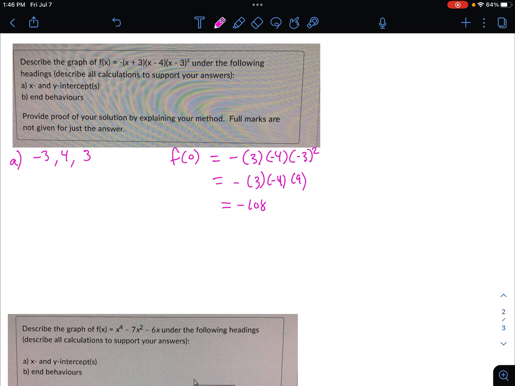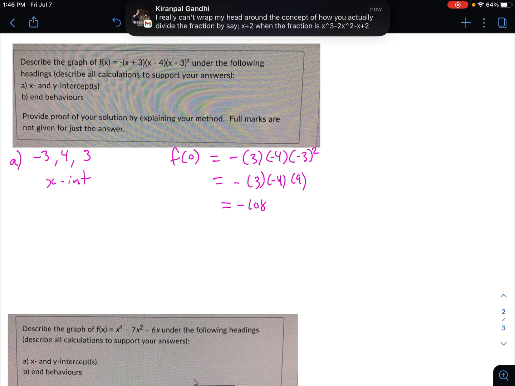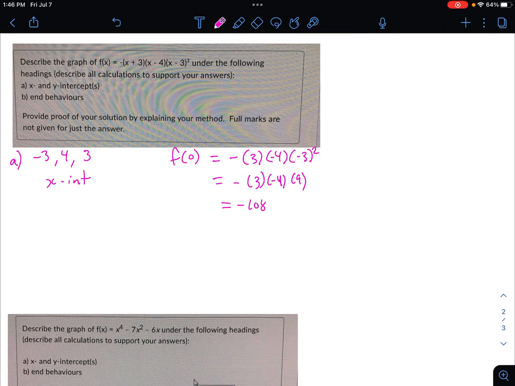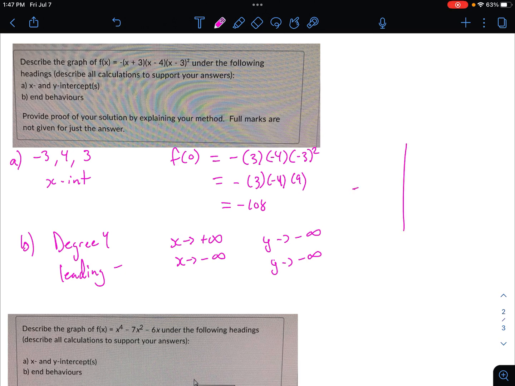And when you describe your end behavior, because this is degree 4 and its leading coefficient is negative, you know that as x approaches positive infinity and as x approaches negative infinity, they're both going to approach negative infinity, because it's going to look something like this.